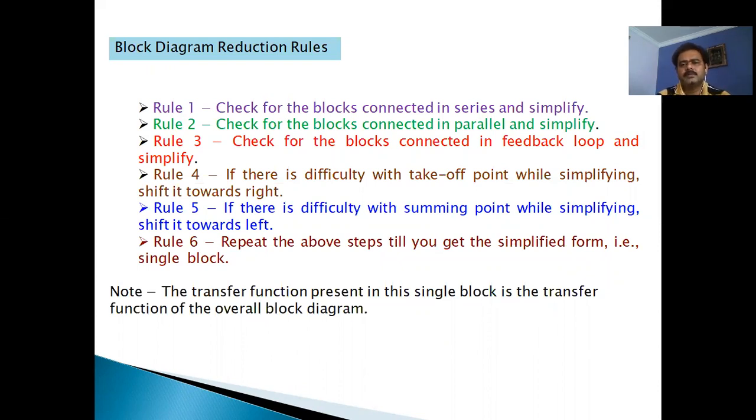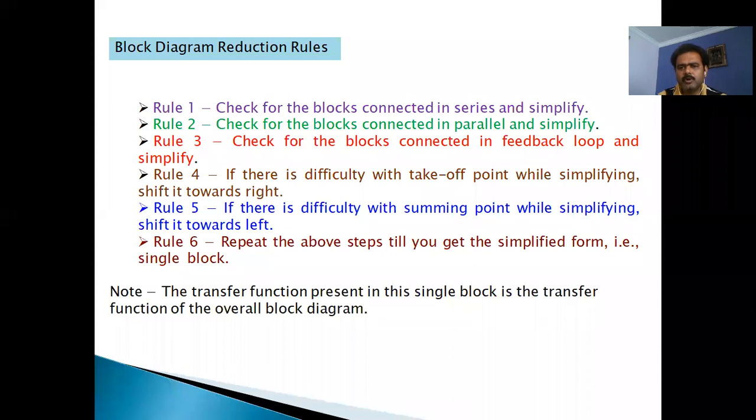The block diagram is given. A block diagram is a representation of a control system consisting of a number of components. Each and every component is represented with a block. Connecting all these forms a block diagram.